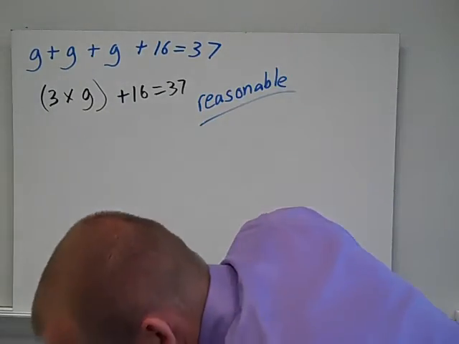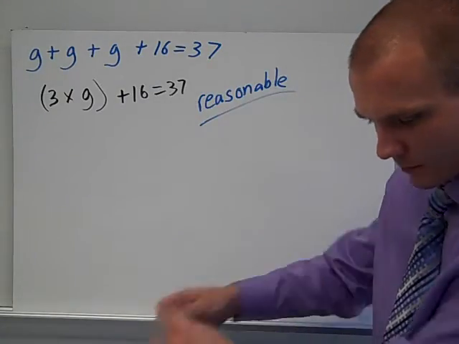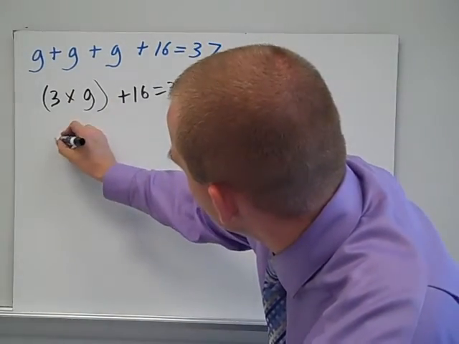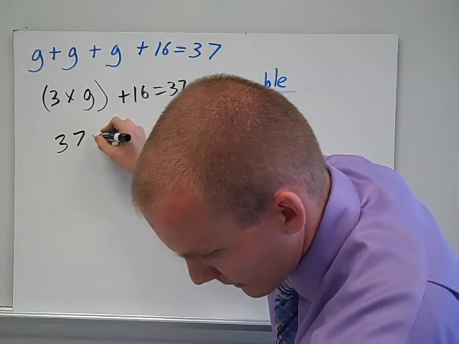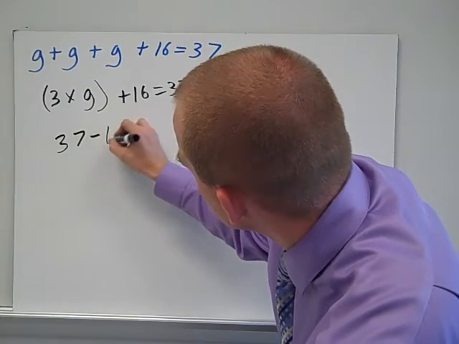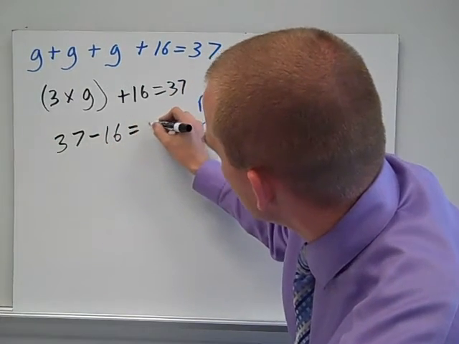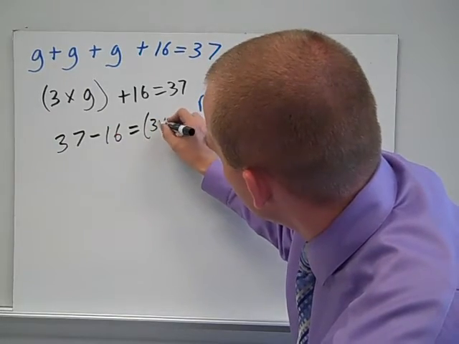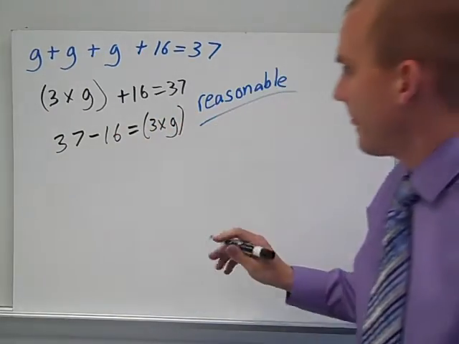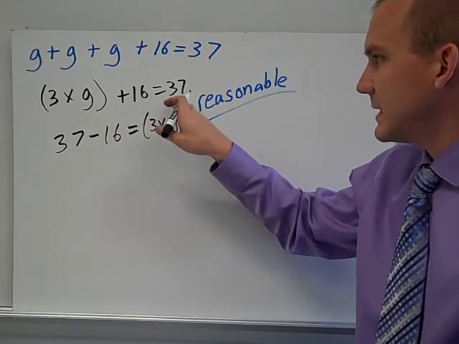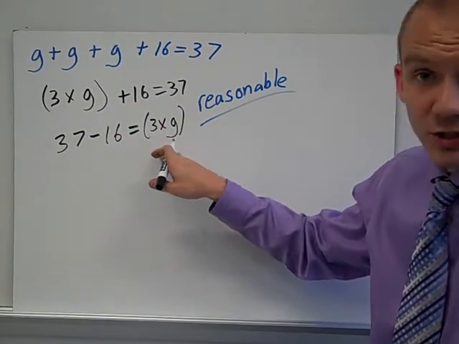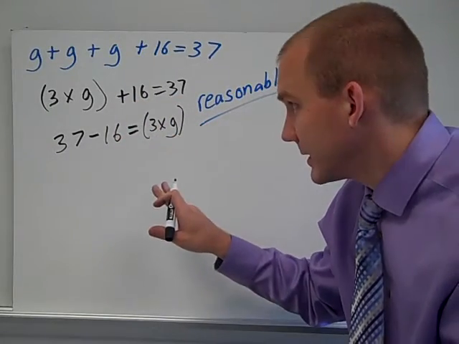So what you'll do is you will do 37 minus 16 is going to equal 3 times g. You have to take away the 16 from the 37. That will leave you with just the number for 3 game tickets.